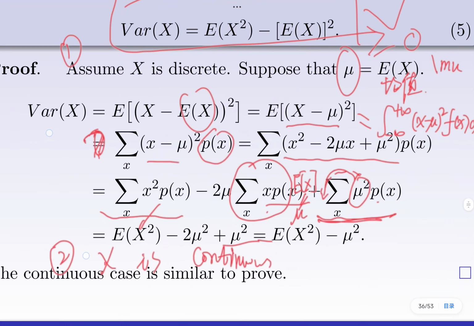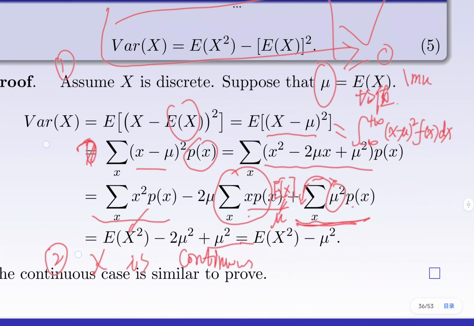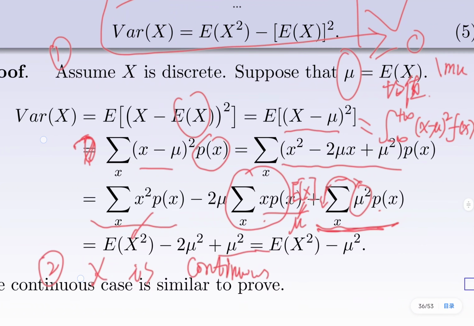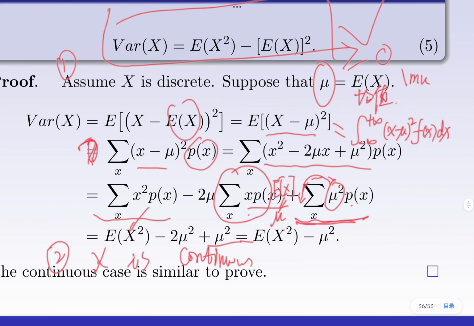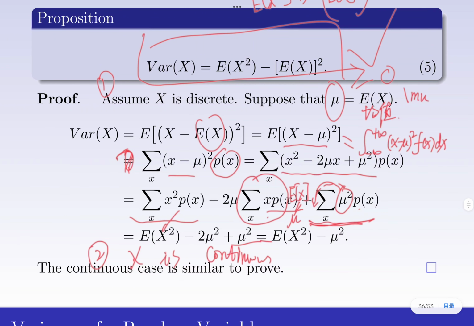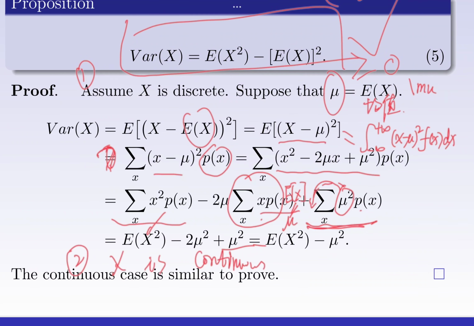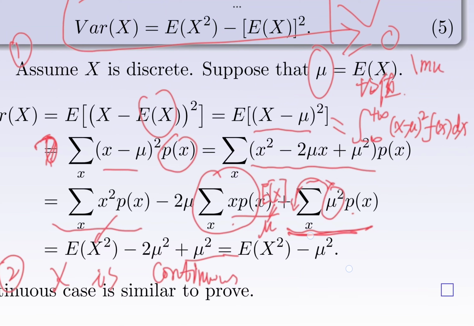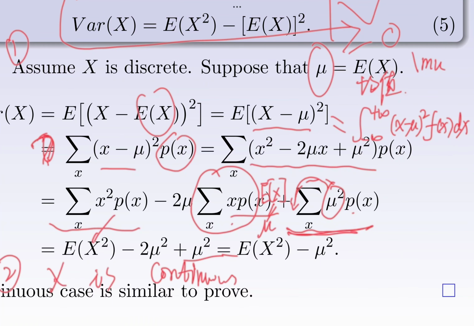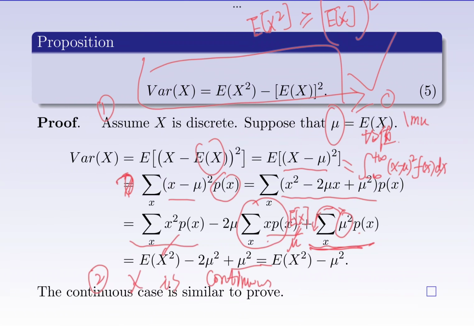Now how do we derive the formula? We do some computation: E of (X minus mu) squared, and we just split it out. This is E of X squared, and this is minus 2 mu times E of X, and this is mu squared.